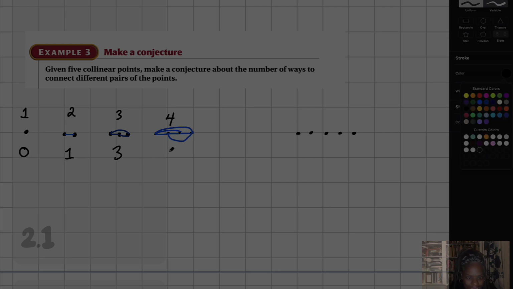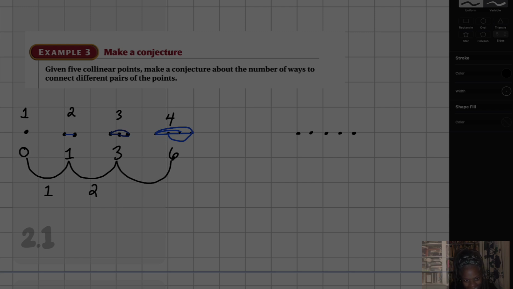Do you guys see a pattern? Sometimes it's not just looking to see if things are being multiplied, but let's just see how far apart 0 and 1 are. 0 and 1 are 1 apart. 1 to 3 would be 2 apart. 3 to 6 is 3 apart.